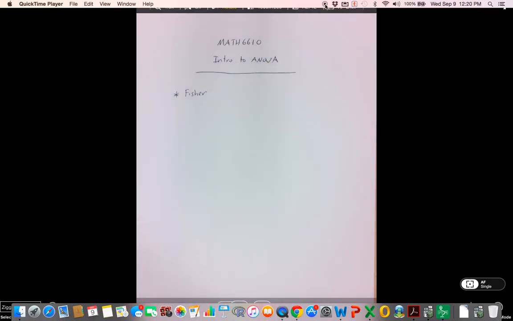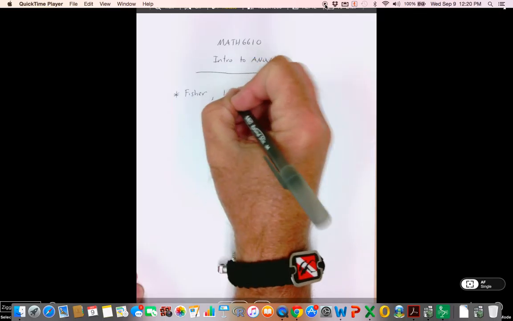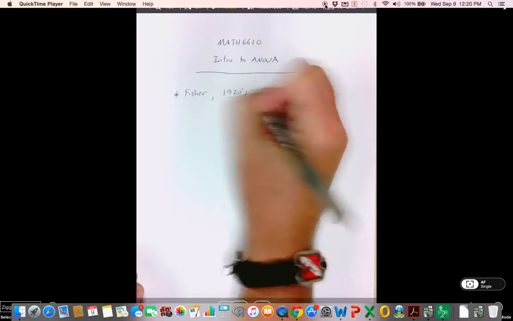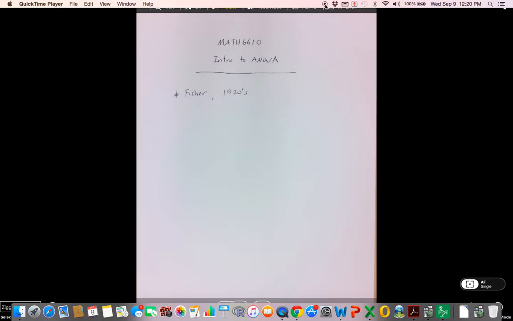Let me give you a little history on ANOVA. It was developed by Fisher, probably somewhere around the 1920s, actually probably a little bit before the 20s, somewhere after World War One.